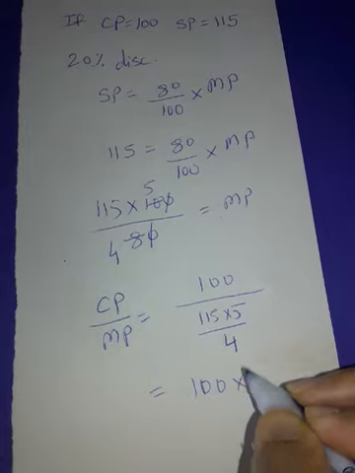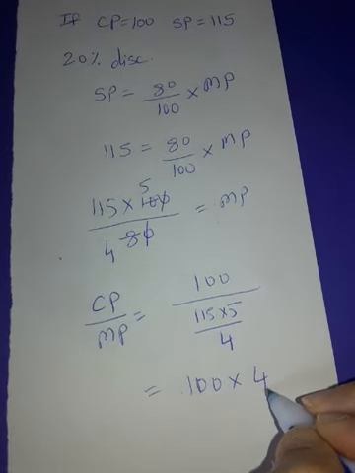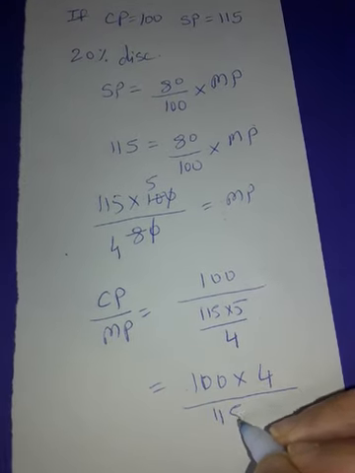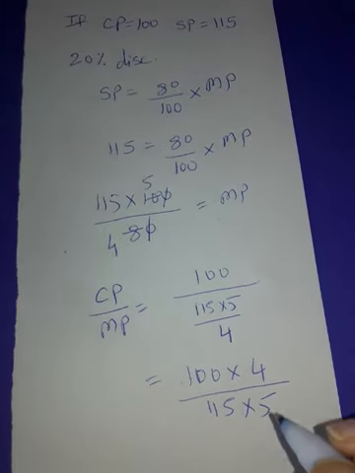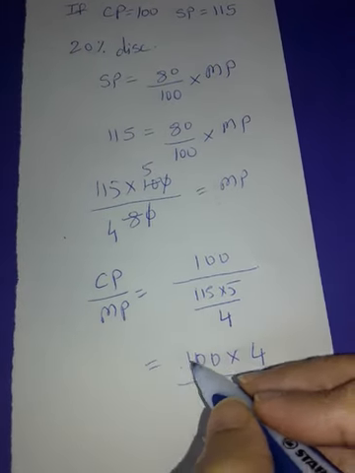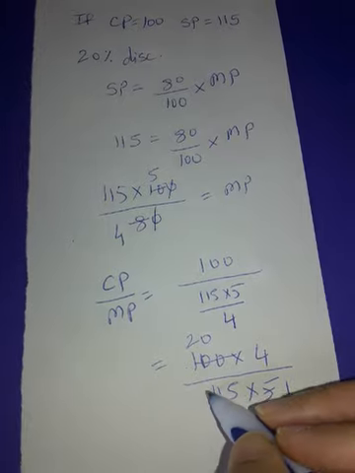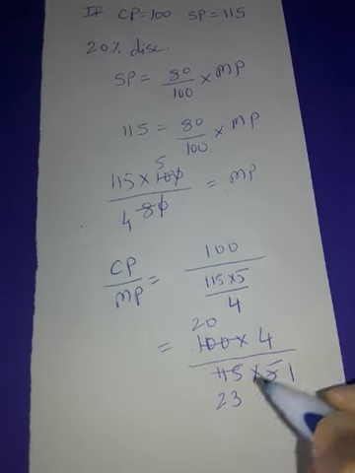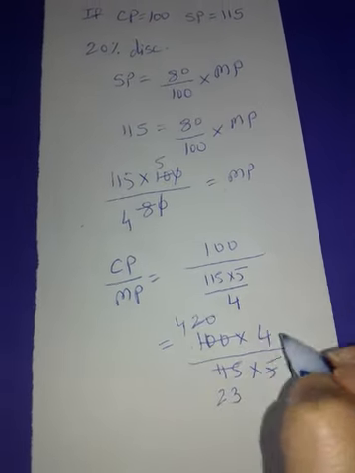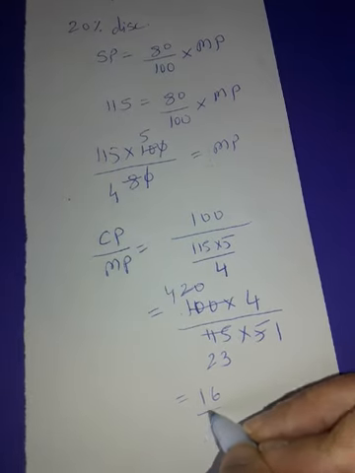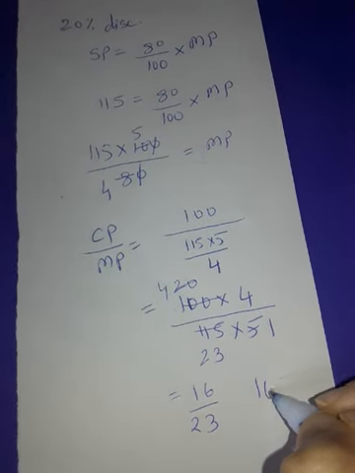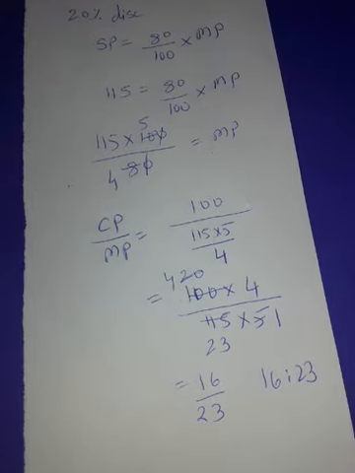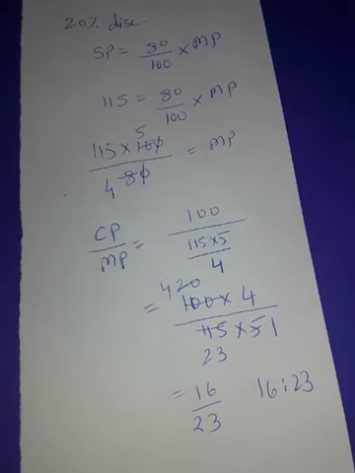So 100, 4 will now go to numerator. Right? So the answer is 16:23 or 16 upon 23.